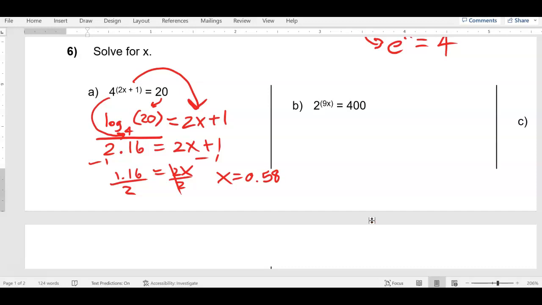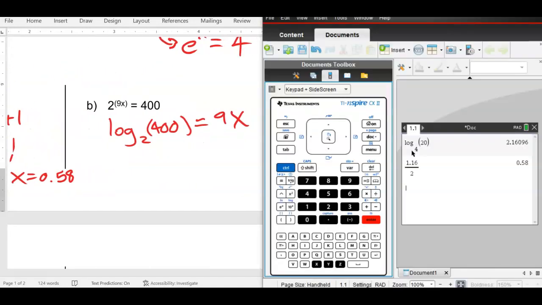Same thing here. You got an exponential equation. So I'm going to write the word log base 2 of 400 equals the exponent 9x. Can I put log base 2 of 400 into my calculator?